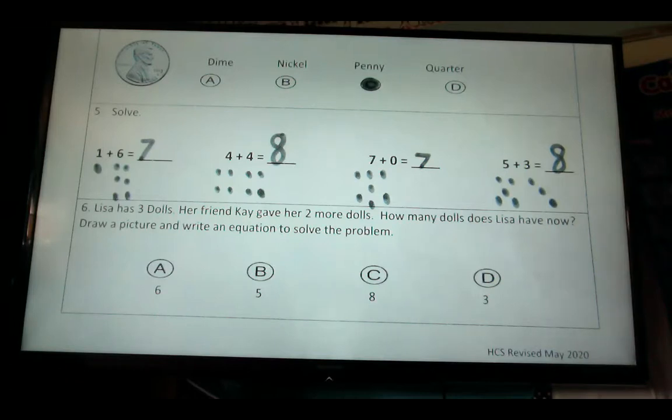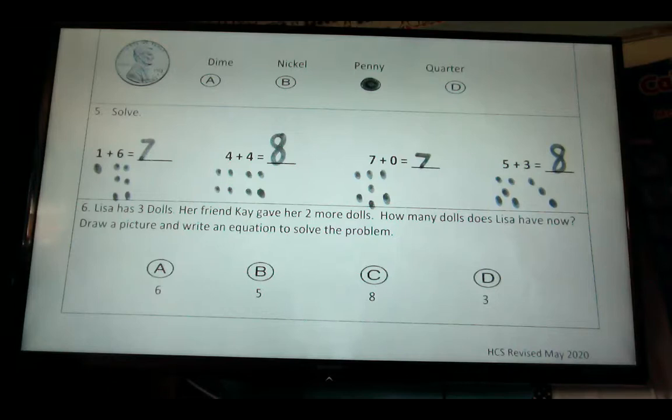Let's look at number 6 on our spiral review. Lisa has 3 dolls. Her friend Kay gave her 2 more dolls. How many dolls does Lisa have now? Draw a picture and write an equation to solve the problem.